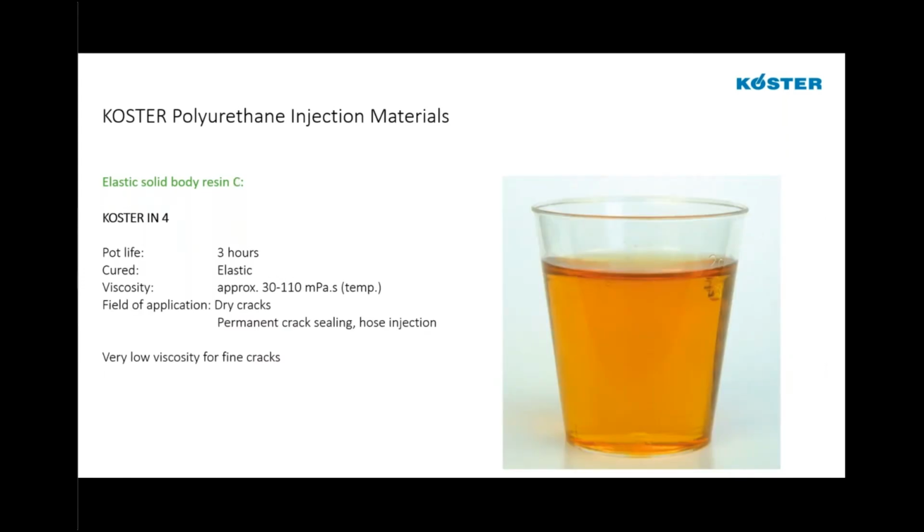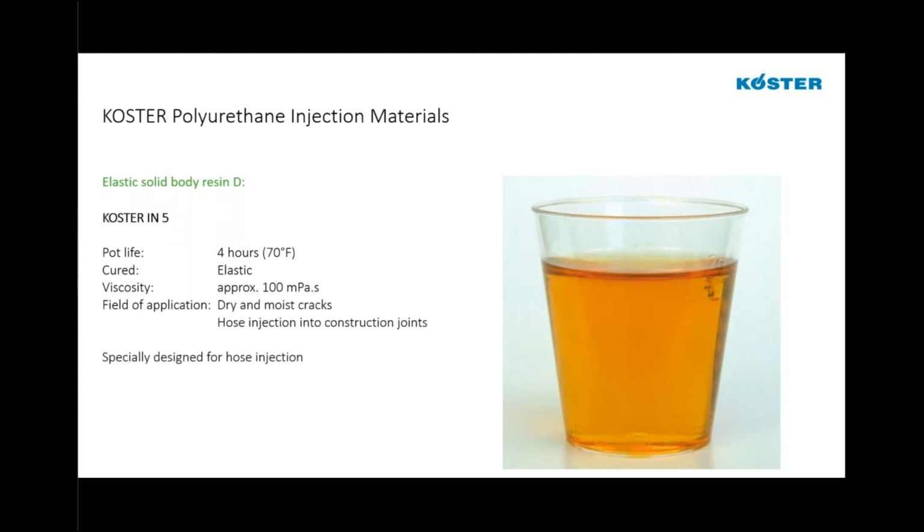IN4 is a very low viscosity injection resin, with viscosity as low as 30 centipoise, depending on the temperature, for sealing dry cracks and giving us an elastic matrix in the injection. Again, longer pot life, so this can be used also with hose injection in construction joints.